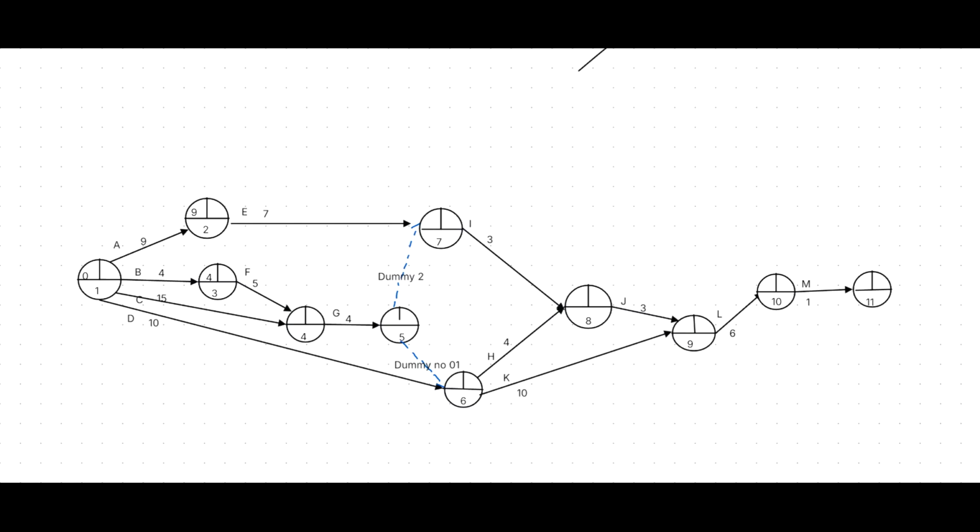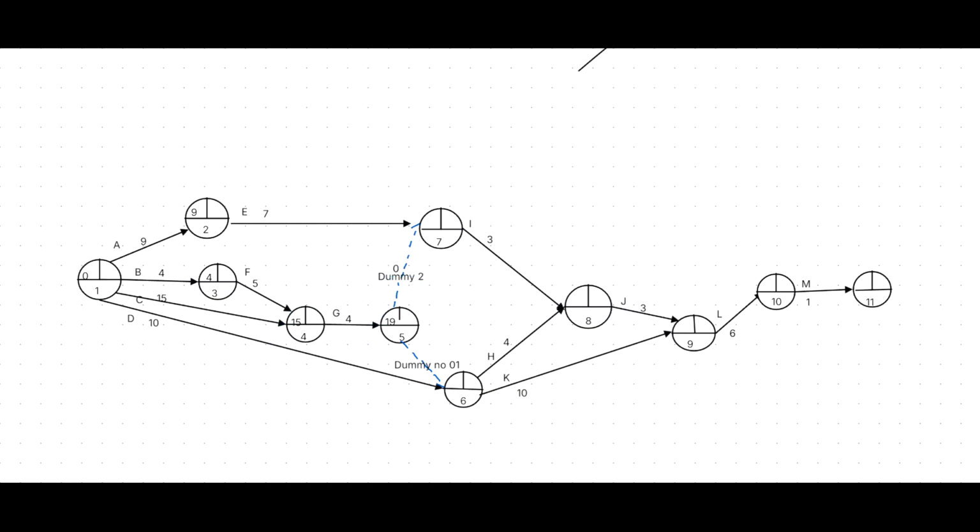Therefore, the highest is via the C, 15. Then 15 plus 4, 19. For the fifth event, 19 plus dummy 1, 0. Dummy 0.